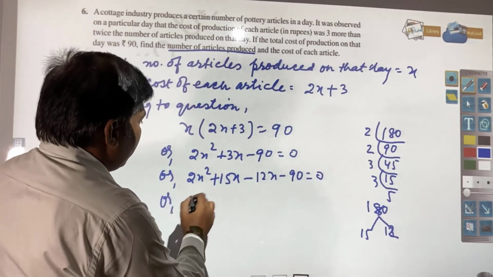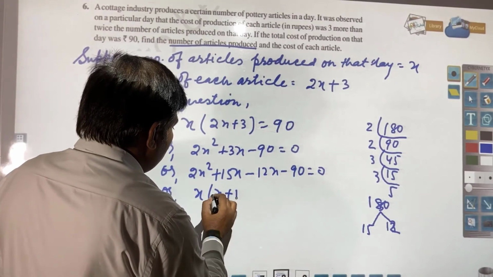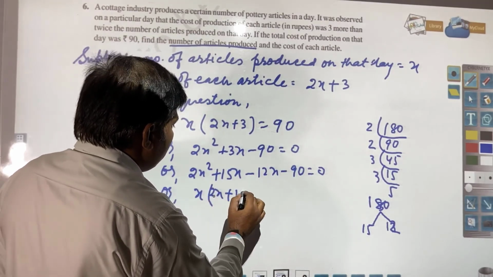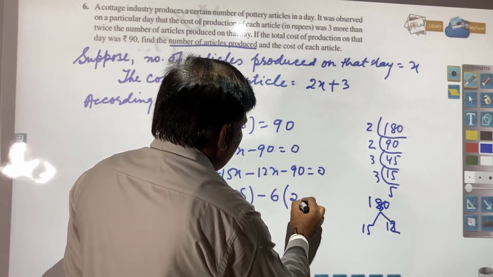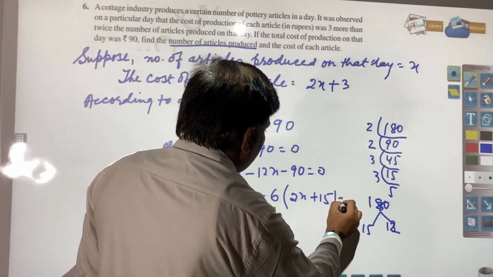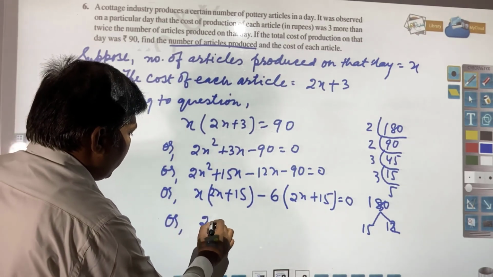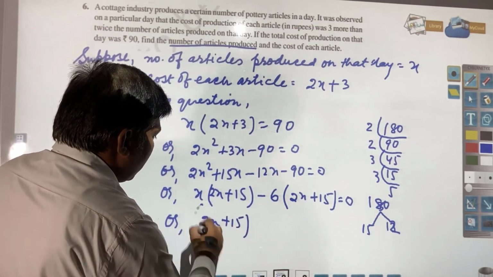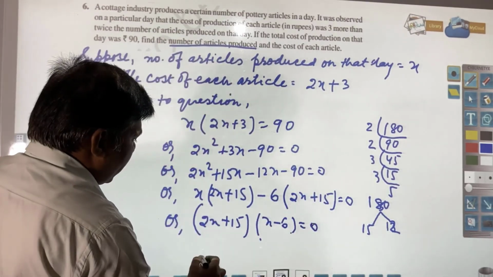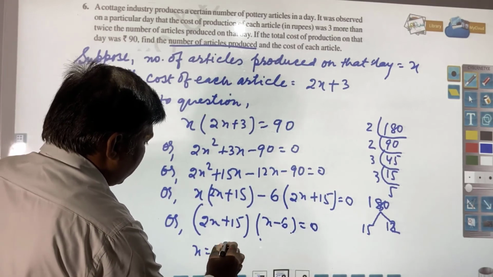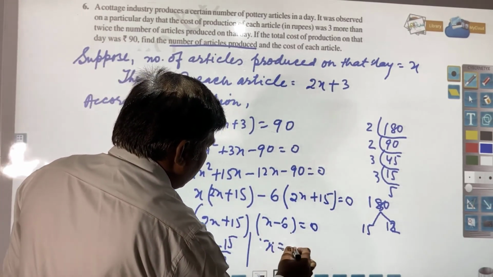Or it can be written as x times 2x plus 15 minus 6 times 2x plus 15 is equal to 0, or we will have 2x plus 15 and x minus 6 is equal to 0. When this factor is 0, you will get x is equal to minus 15 by 2, and when this factor is 0, x will be 6.